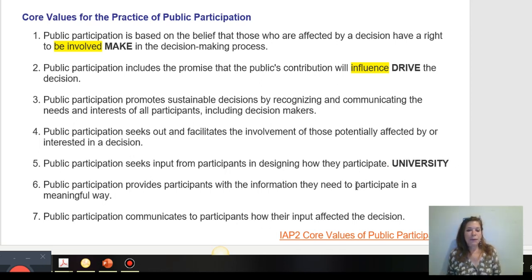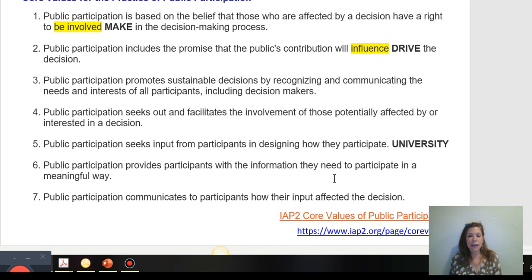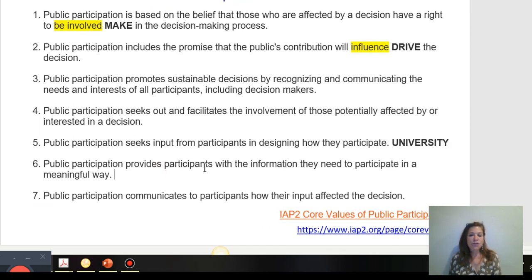Okay, public participation provides participants with the information they need to participate in a meaningful way. And that is true, and that's also part of the design piece of putting public participation together. How can you do this? A very simple example that will illuminate this problem is if you are trying to involve members of a community, when and where are you going to have these meetings?